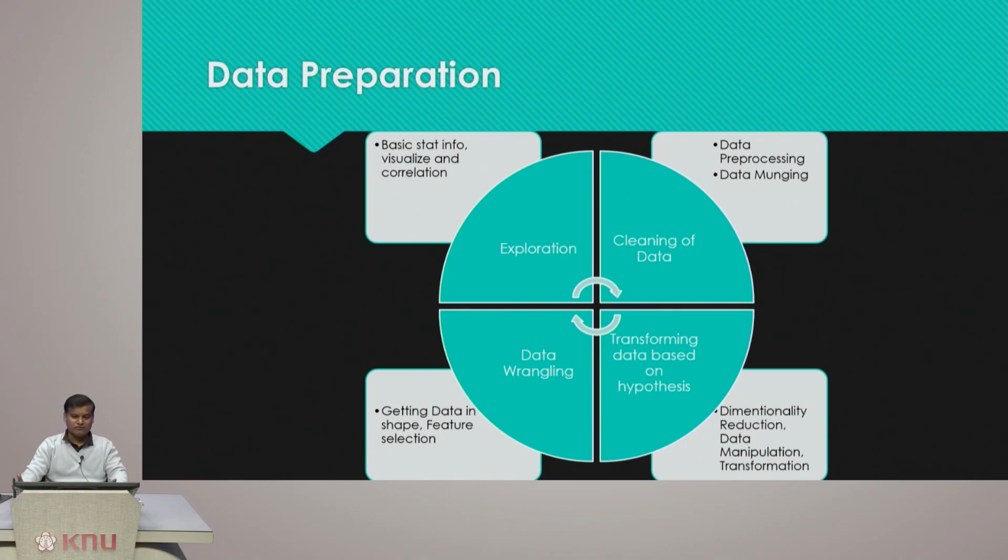There are advantages of doing so, because we have the flexibility of using certain transformation techniques, and then you can analyze the actual data. Not only that, your transformation of data should be based on the actual hypothesis that you have in mind. Yes, you can use various manipulation methods to manipulate the data so that you have the data in the right format. At times you may have to reduce the dimensionality of the data.